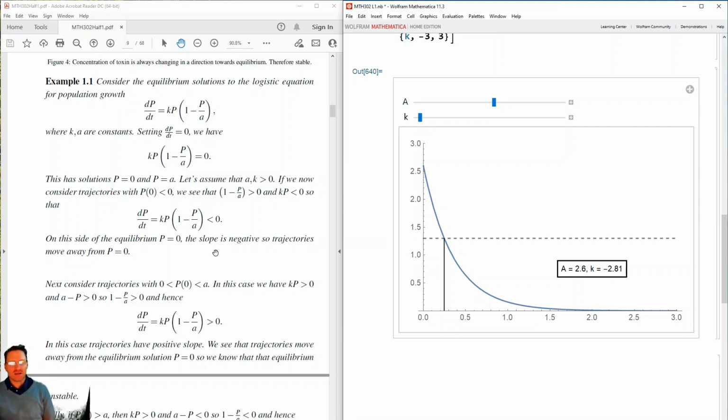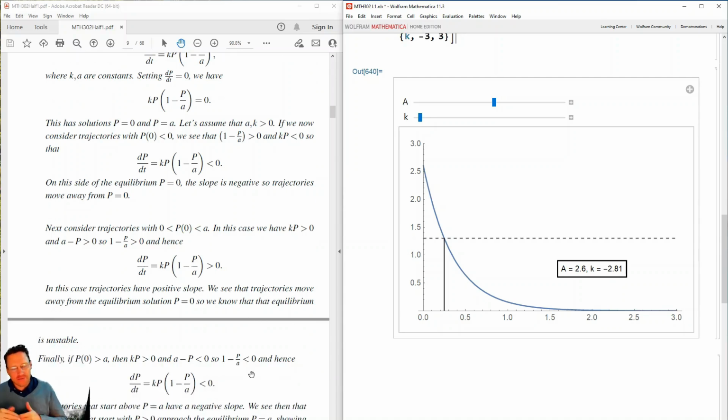So we see then that dp/dt is positive in that case. So in that case, trajectories have a positive slope and they're moving away from the equilibrium p = 0. So that alone tells us that the equilibrium is unstable at p = 0, right? So the population would not like to remain at a 0 population, right? That's an unstable equilibrium.